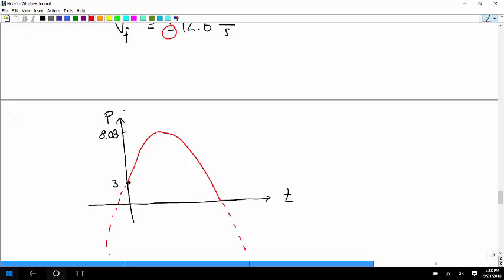But this final velocity of negative 12.6 says that right here, when we get back to a position of 0, the slope of that parabola at that point is negative 12.6. And if you look on this parabola at the point where you can think of this ball as coming up through the floor back here at some negative time, the slope there would be positive 12.6 meters per second.